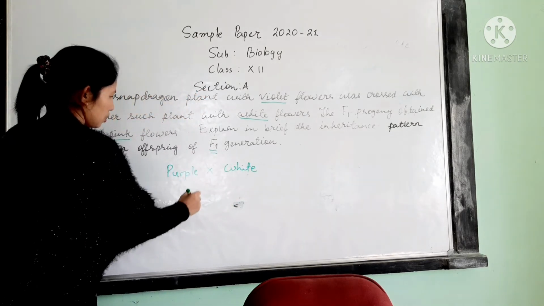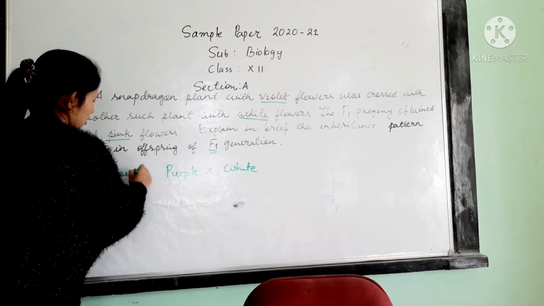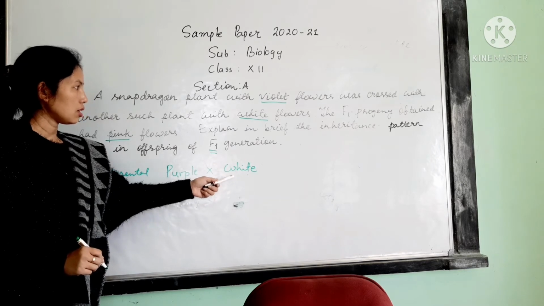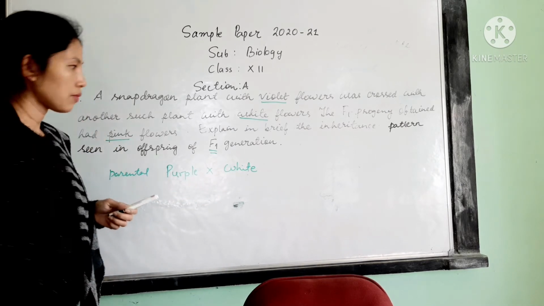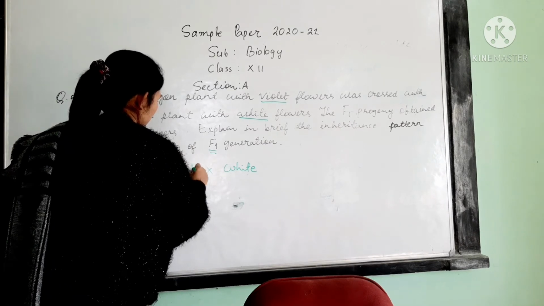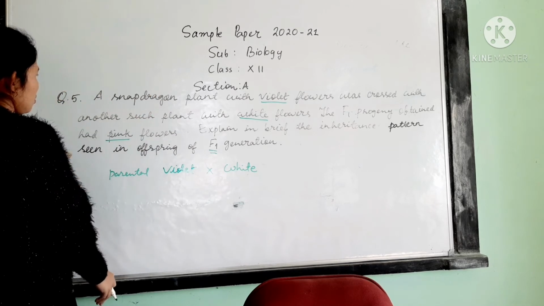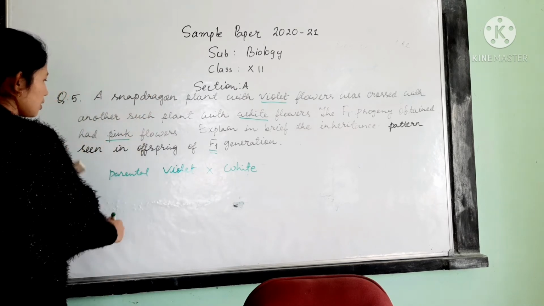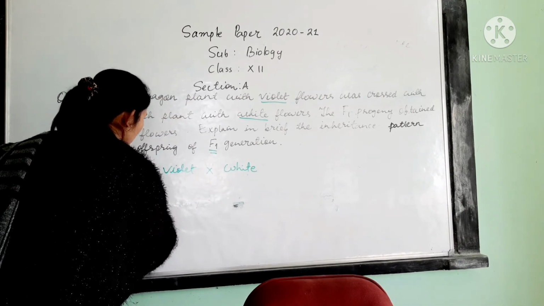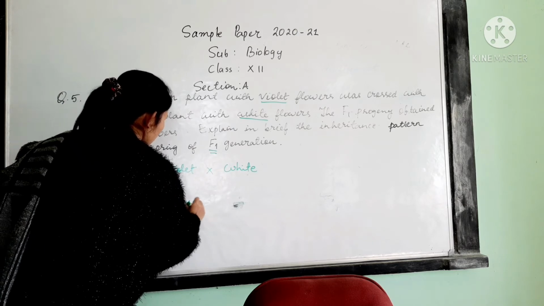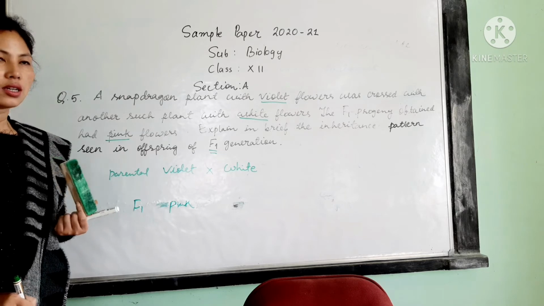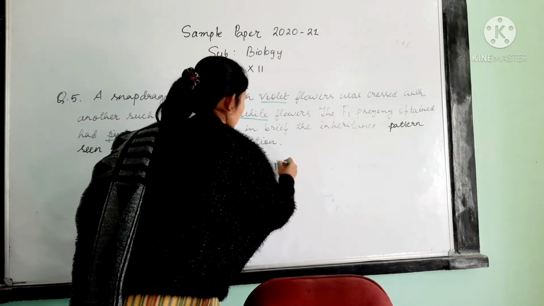This is the parental type, the parental plant with violet flower crossed with white, then the result is pink in color. When they cross, the F1 generation came in pink color. So what is the reason for this? Which inheritance pattern is it? It is the pattern of incomplete dominance.